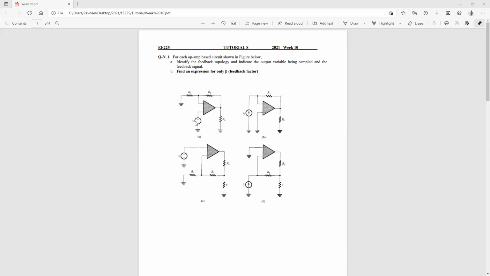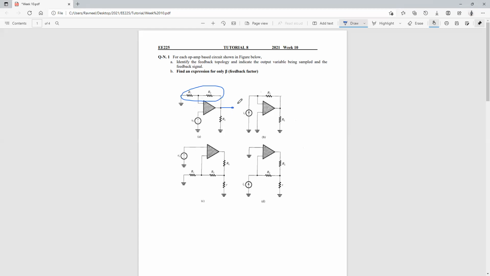In this particular case, you can see the feedback network is in series at the input, and at the output it is across this RL circuit. So your output is over here. If I draw the point over here, the output is at this particular point. You can see that the feedback network is in shunt with your Vout.